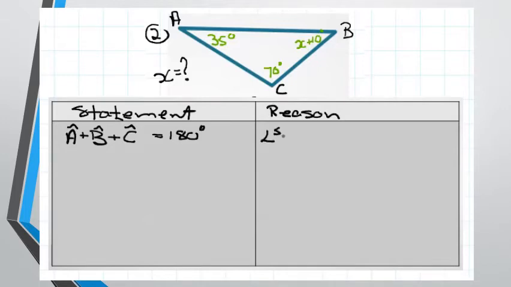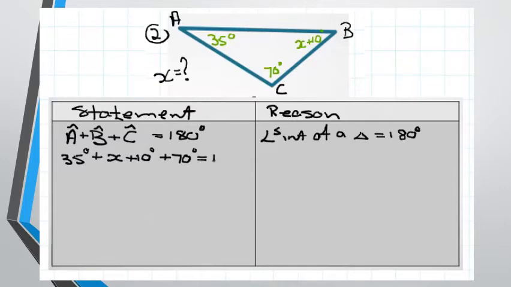Sum of the interior angles of a triangle equals 180 degrees. I'll do my substitution now. Angle A to be 35 degrees plus angle B, which is x plus 10 degrees, plus angle C given to me to be 70 degrees, and all that equals 180 degrees.